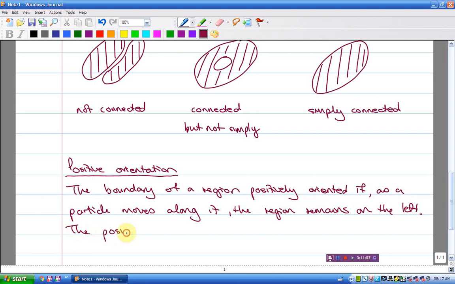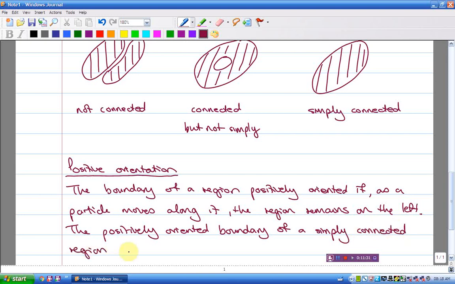The positively oriented boundary of a simply connected region, so that's the blob at the top right there, goes around anti-clockwise.